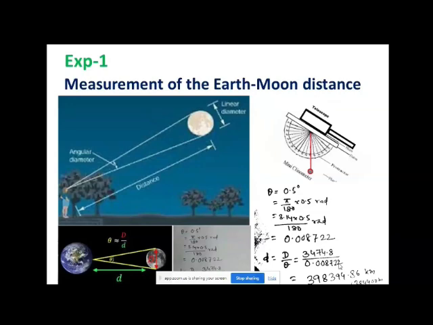So students of class 9, 10, 11, 12, and any people interested in astronomy can perform this experiment and enjoy it. We get a better result by doing the same experiment again and again, and by using a good telescope with a tripod which has a setting circle, so we can directly measure the angle from the setting circle.